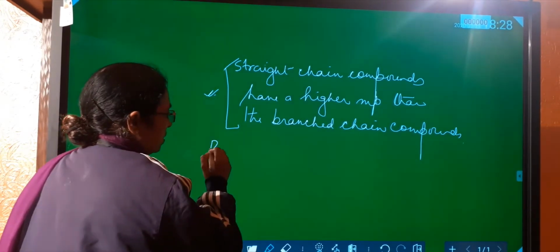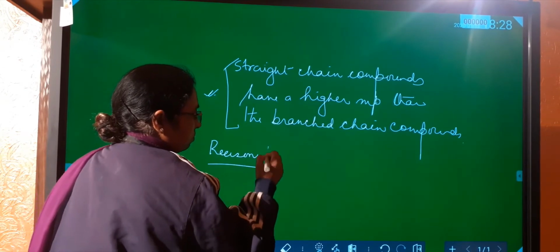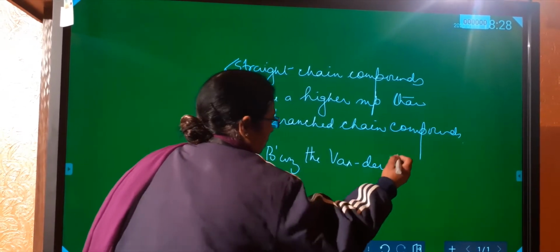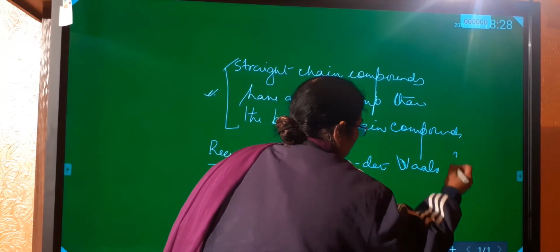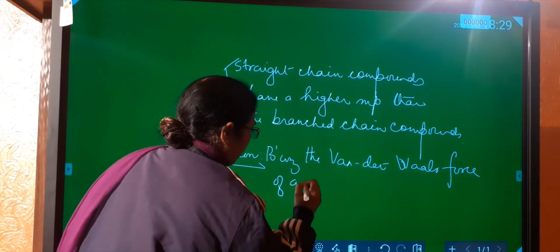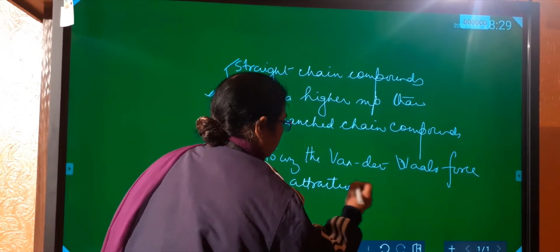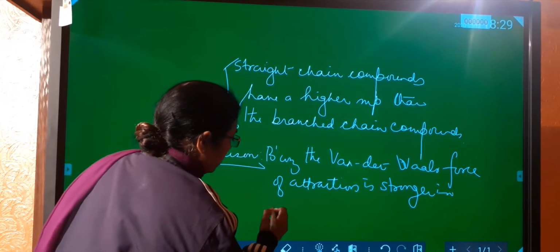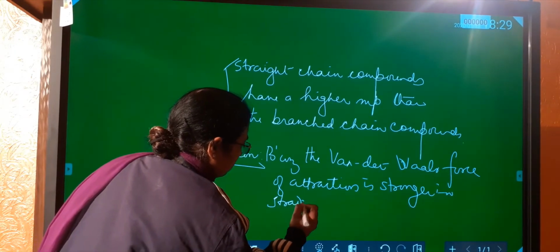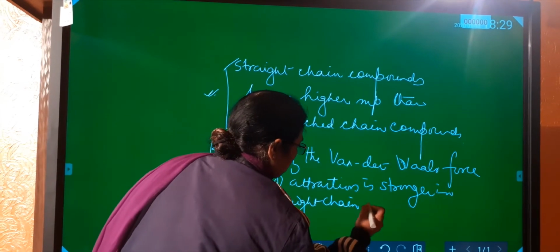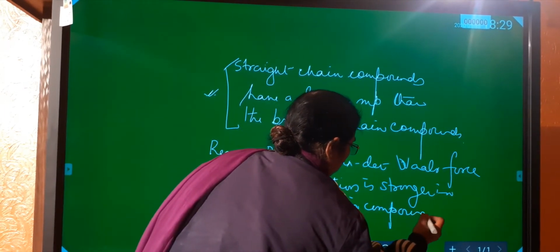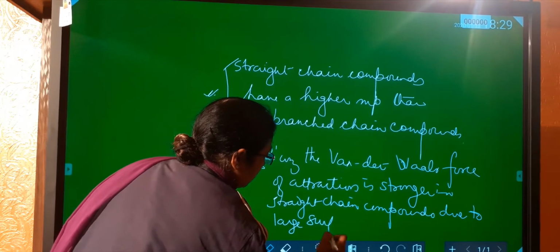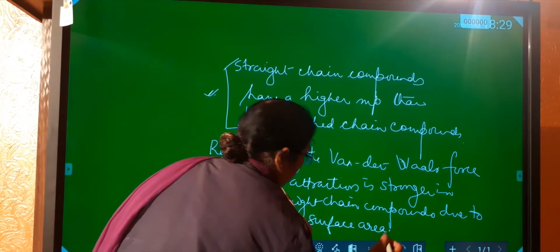Why is this so? The reason behind it is because the van der Waals force of attraction is stronger in straight chain compounds due to large surface area.